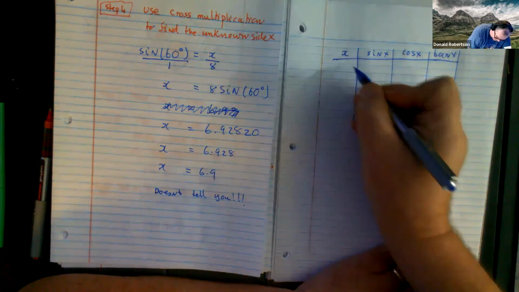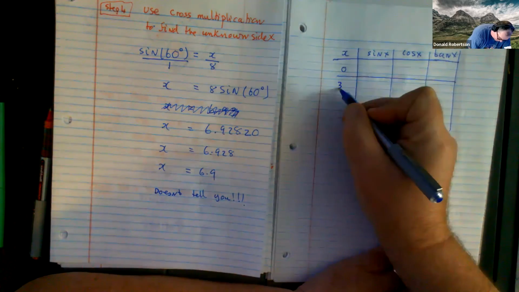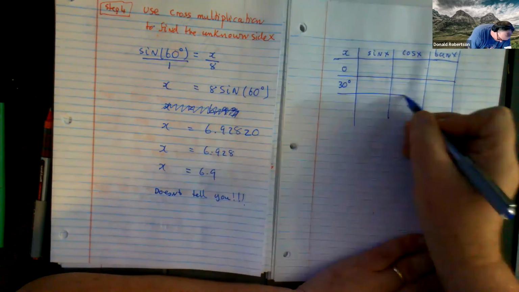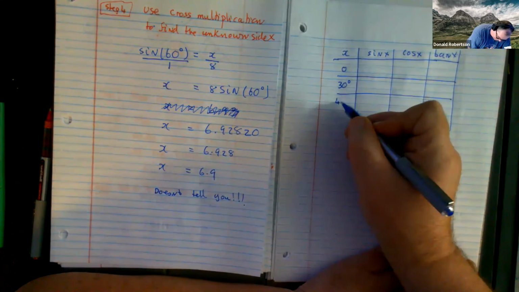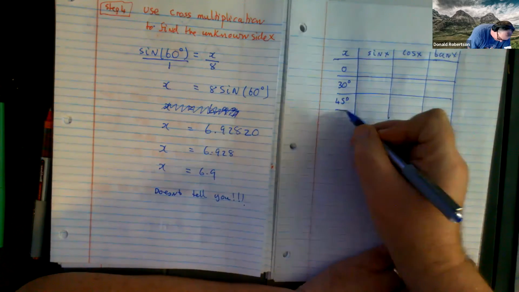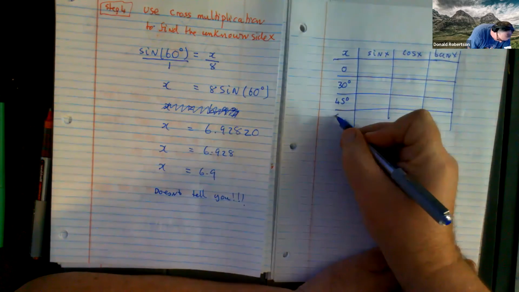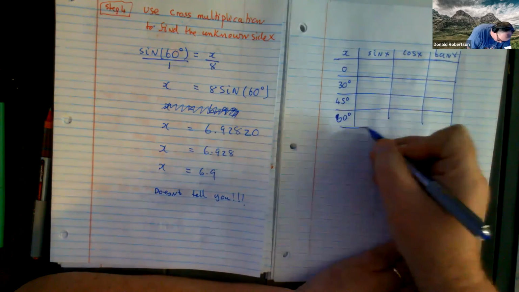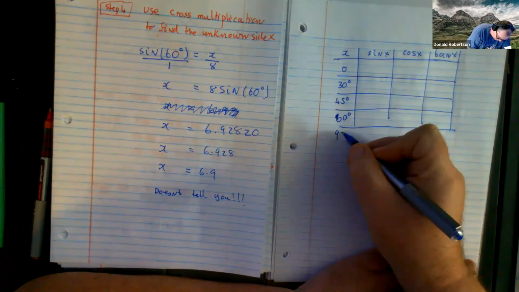And I'm going to put in 0, 30 degrees, 45 degrees, 60 degrees, I forgot one more, and finally 90 degrees. Now I got them all.